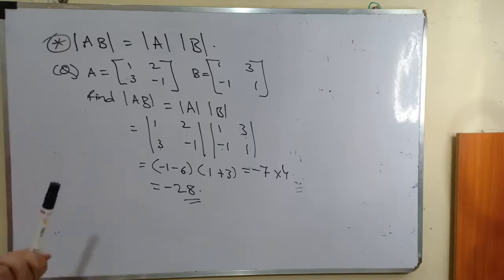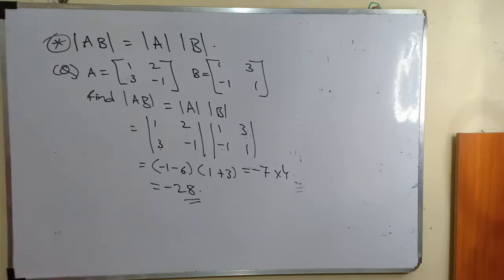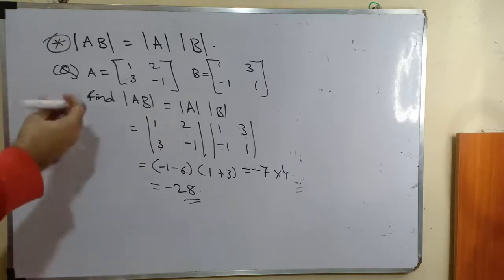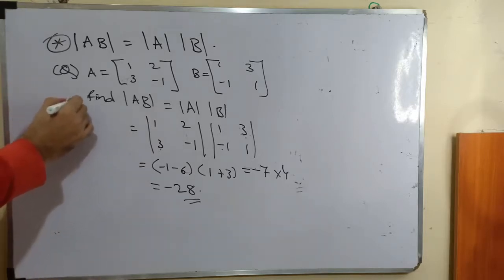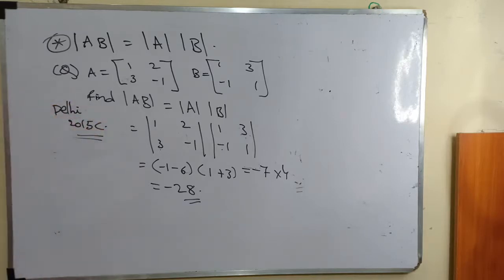All those things will come in the next lecture. These are the previous year questions, and this question especially was asked in Delhi 2015 C. So these are the answers for us.